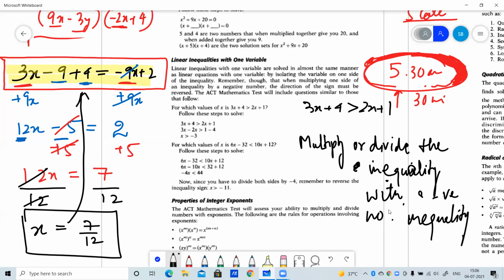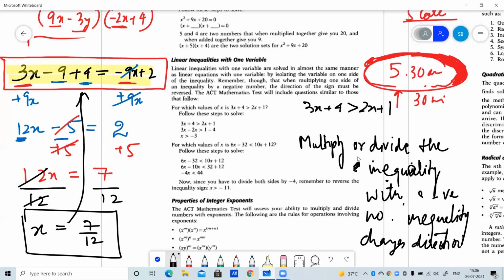Greater than will become less than. Greater than or equal to will become less than or equal to. This is the only difference between solving an equation and solving an inequality.